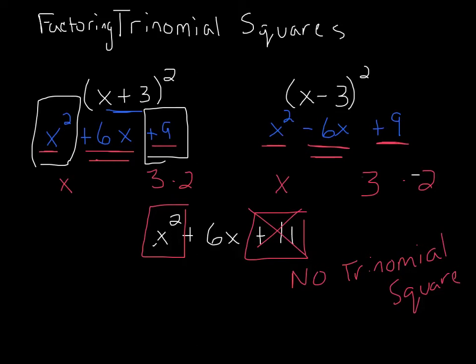Let's look now at this third one. Number 3 says, is 16a squared minus 56ab plus 49b squared a trinomial square? The first question: are there two perfect squares?